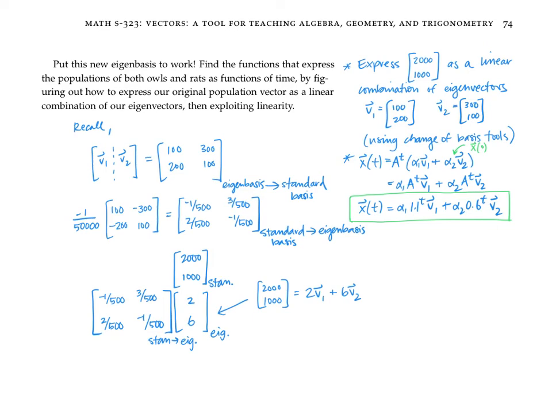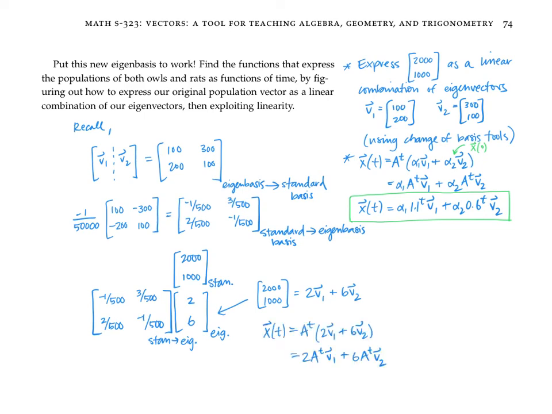So we've finished the first starred point that we had over here. We have expressed 2000, 1000 as a linear combination of eigenvectors. It's 2v1 plus 6v2. So we want to now move on to this second piece right here. We want A to the t to act on that.